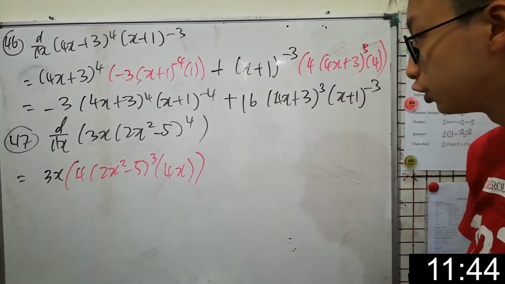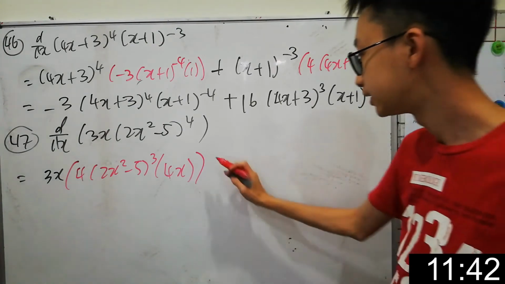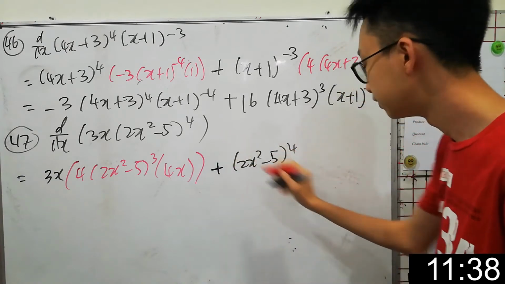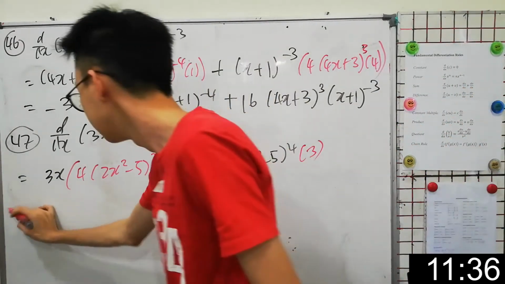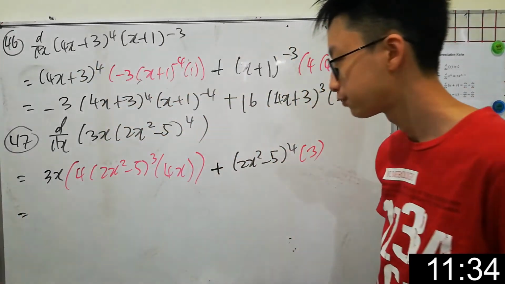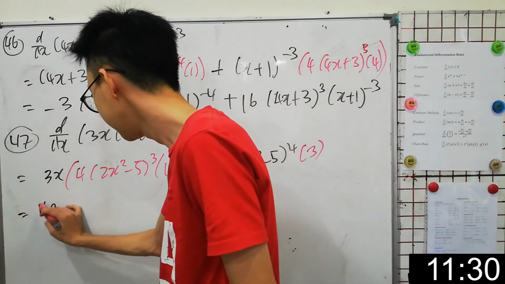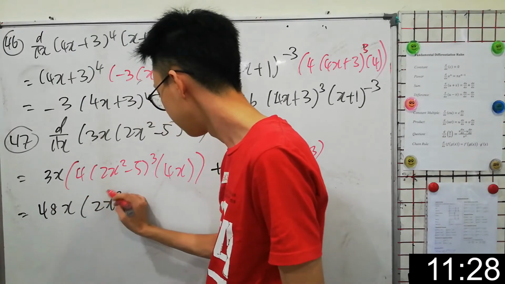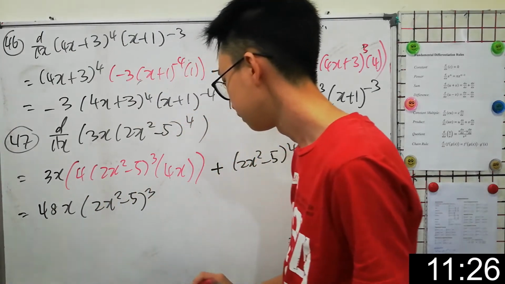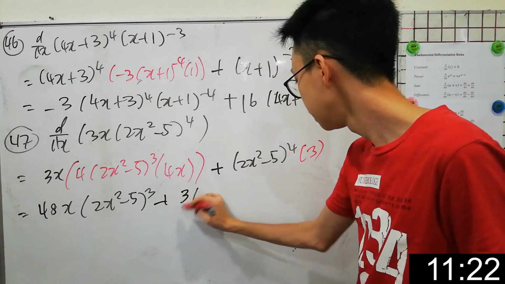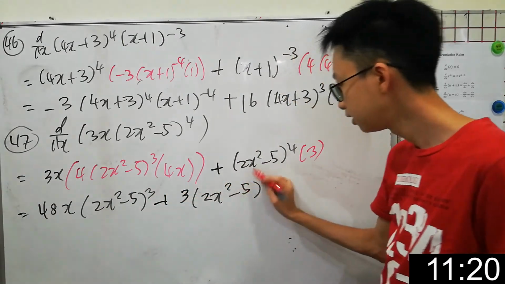Then you copy the second, plus the second function, differentiate the first function. This should be 3 times 4 times 4, 12 times 4 is 48. 48x times 2x squared minus 5 cube. Yeah, this one already. Then plus 3 times 2x squared minus 5 to the 4th power.